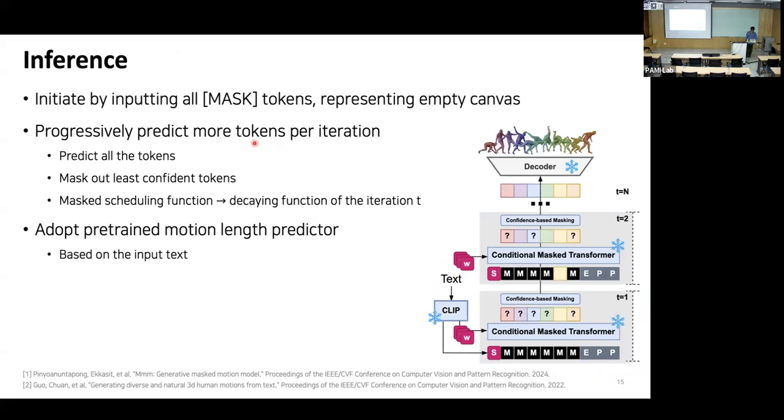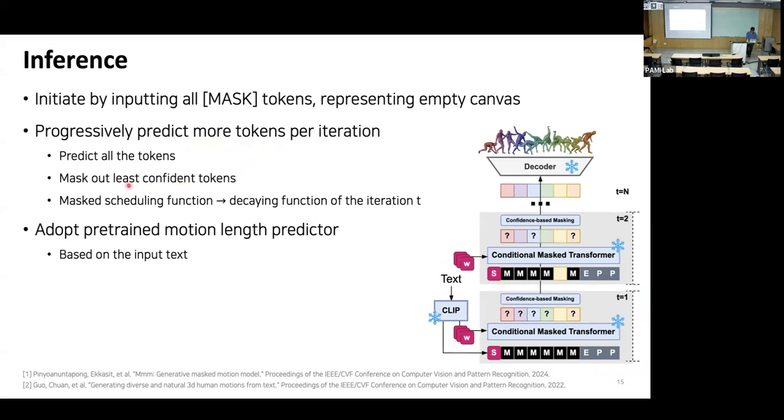So for the inference, text-to-motion generation can be initiated by inputting all mask tokens. Then the model predicts all the tokens and masks out the least confident tokens iteratively.